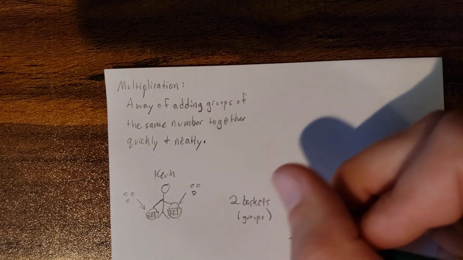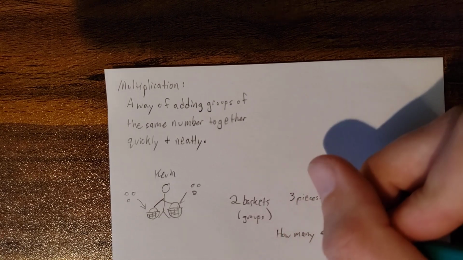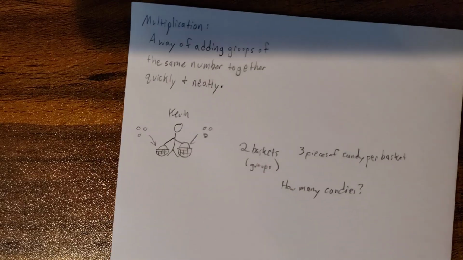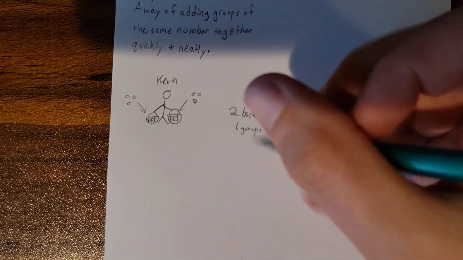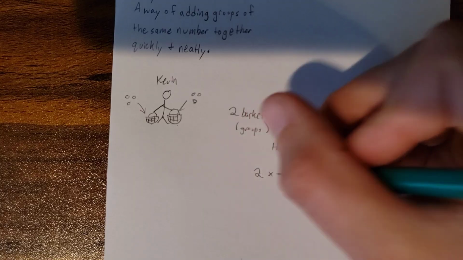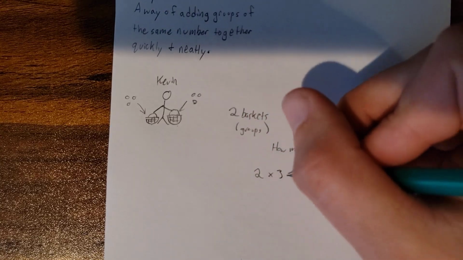We want to know how many candies there are total. So we can say there are 2 baskets times the 3 pieces of candy per basket.